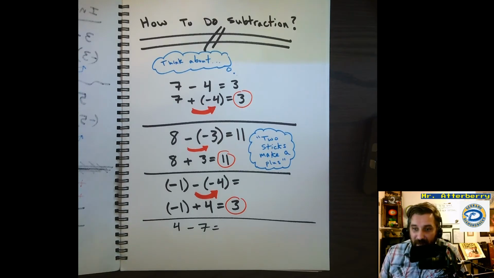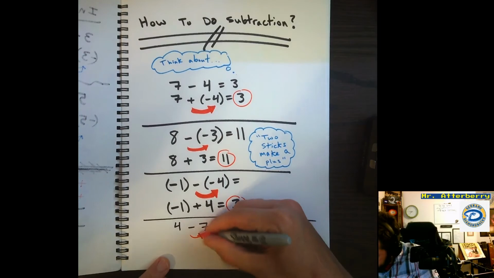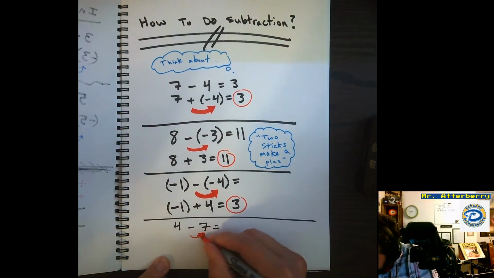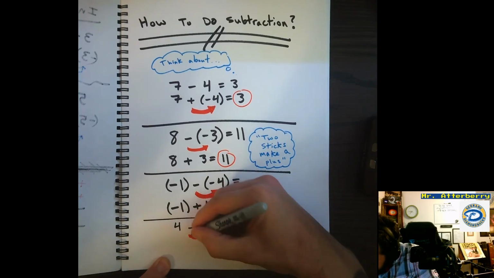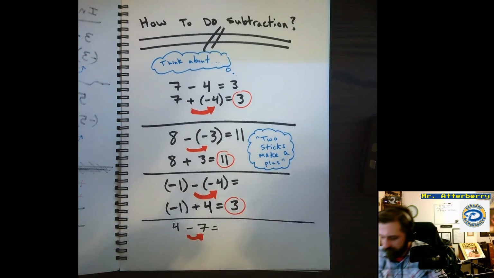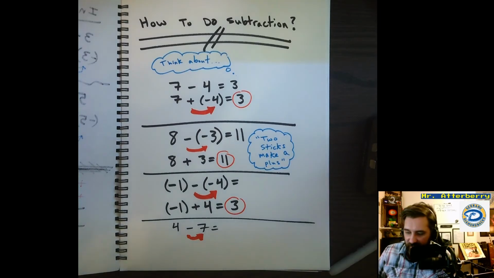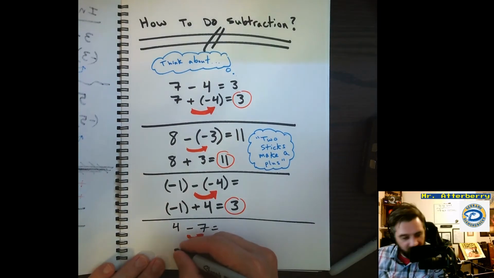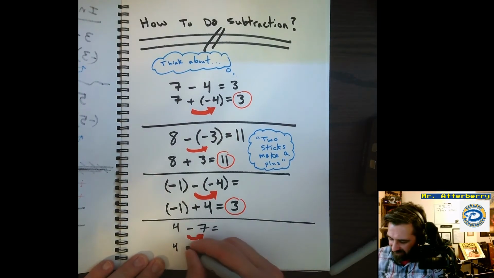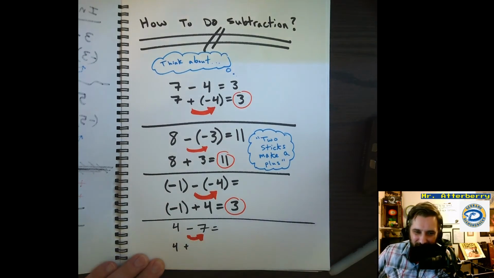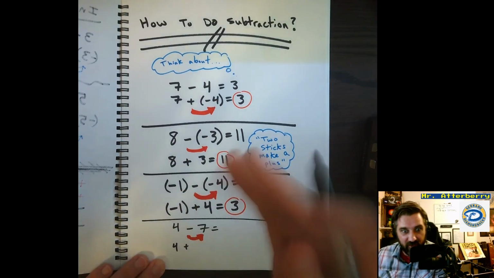Take this minus sign, make it a plus, but change the sign of the second number. So, keep the first number, 4. Change that subtraction to a plus, and that positive 7 becomes a negative 7.